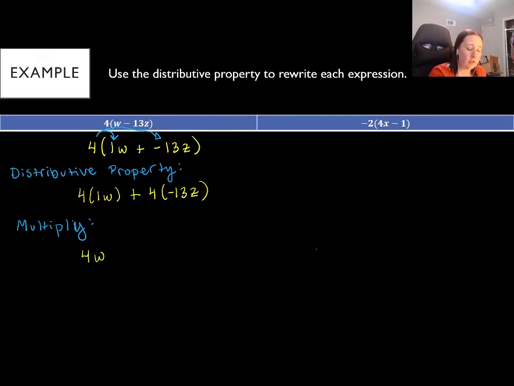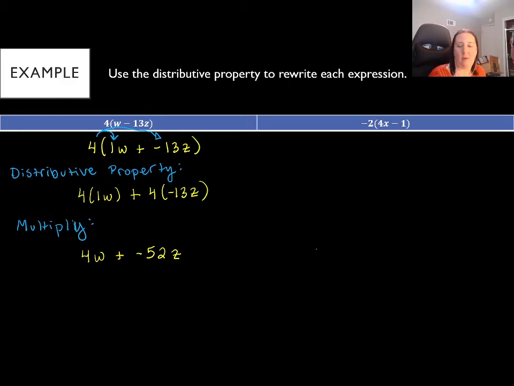And then 4 times negative 13z. So 4 times 13 is 52. And I know this because there are 52 cards in a deck, 4 suits, there's 13 each. So that's how I know 4 times 13. I play a lot of card games. So 4 times negative 13 is going to be a negative 52. So I have plus negative 52z.